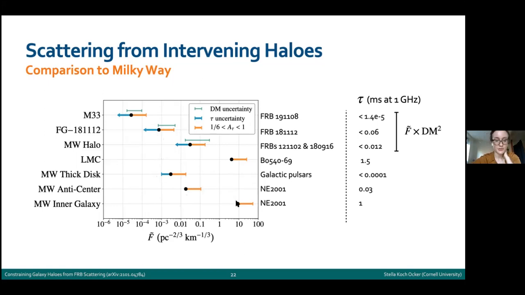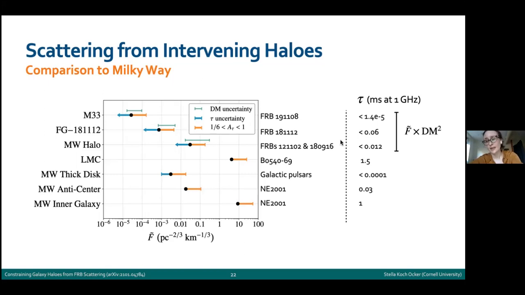Then I have two values that are characteristic for the galactic anticenter and the inner galaxy based on NE2001. And lastly, I have a value here of F tilde for the Large Magellanic Cloud, and this is based on the scattering of B0540-69, which is currently the only LMC pulsar that has a published scattering measurement.